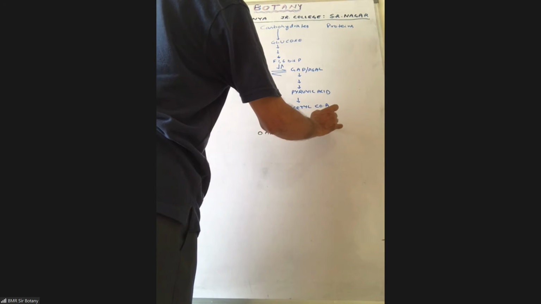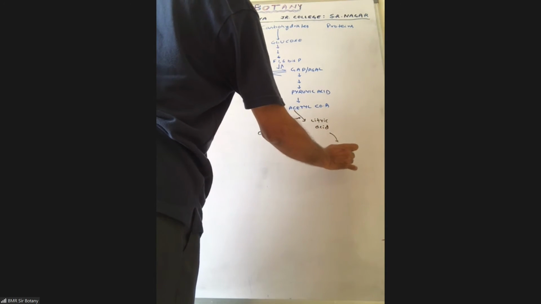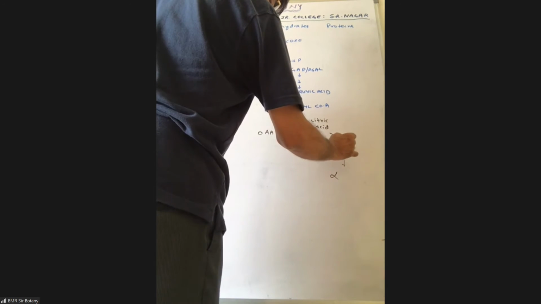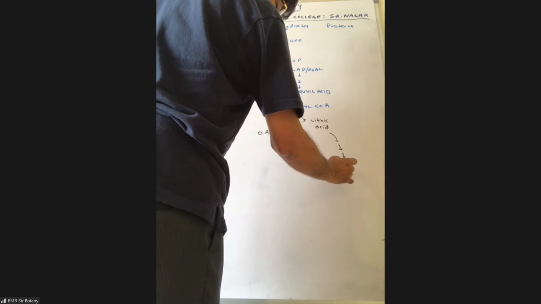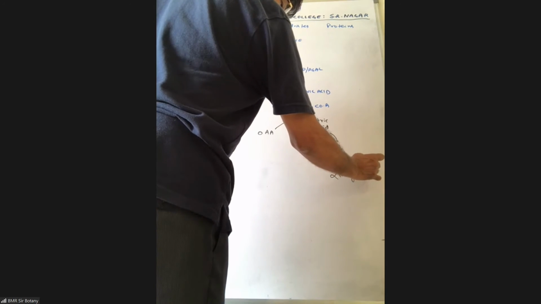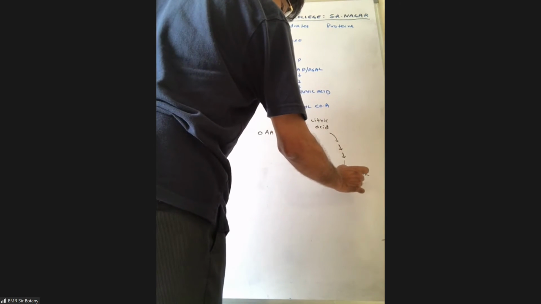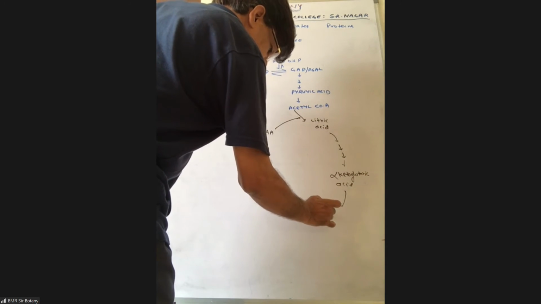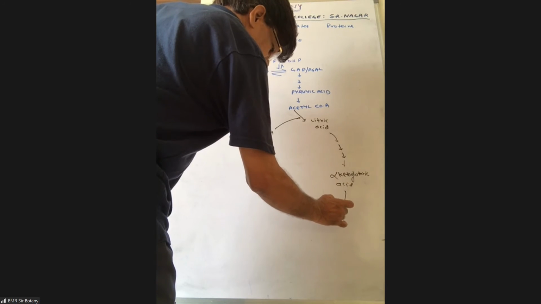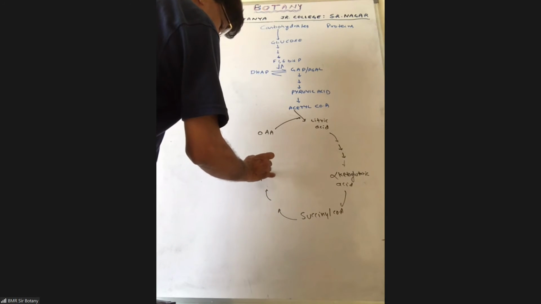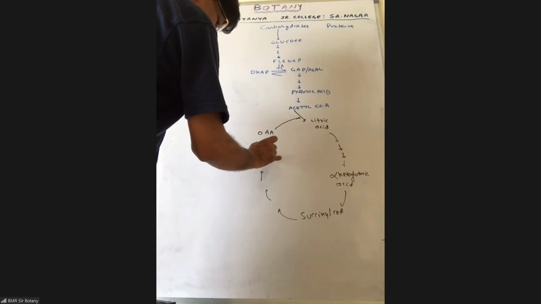Citric acid, the first stable compound, undergoing a series of reactions forming alpha ketoglutaric acid, succinyl-CoA, succinic acid, fumaric acid, malic acid, regenerating oxaloacetic acid.